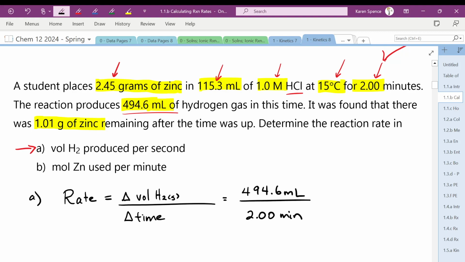Now, just before we get too excited about this, you can just show your work this way. Technically, change in volume should be the final volume minus the initial volume. But in this case, what is our initial volume? 0, okay? So if the initial volume is 0, you can leave it out.